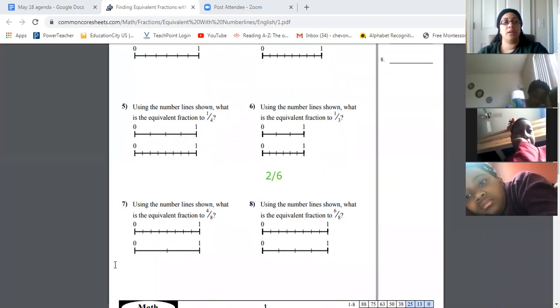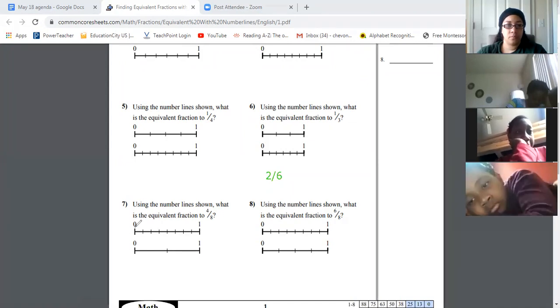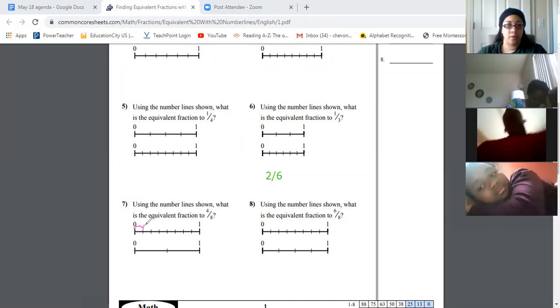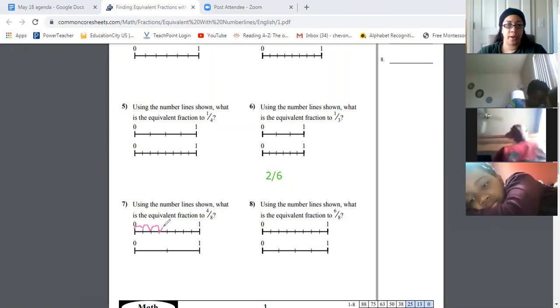Okay, let's go down and look at number 7. So they want to know where 4/8 is on the first line. Okay, so we're going to do our hops and we're going to count 4/8. So we're going to do 1, 2, 3, 4. Here's 4/8. I'm going to take my arrow.